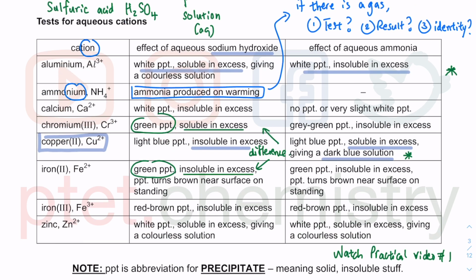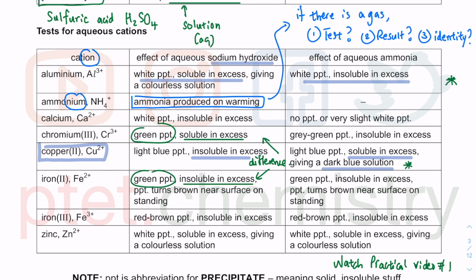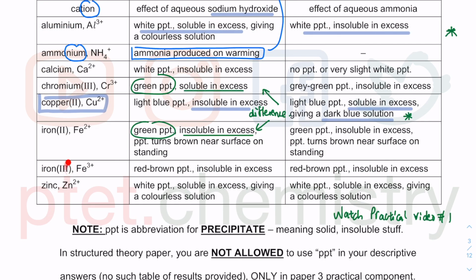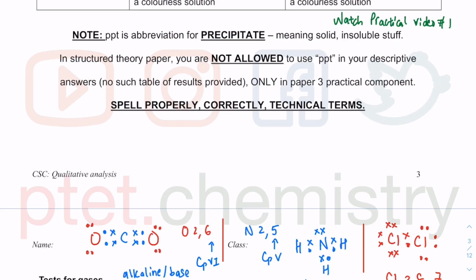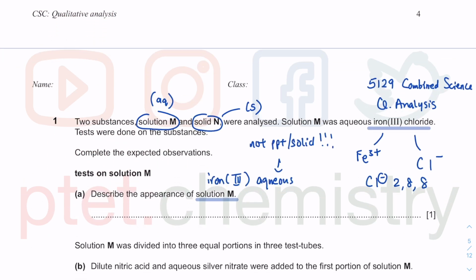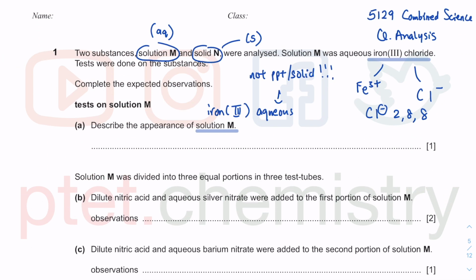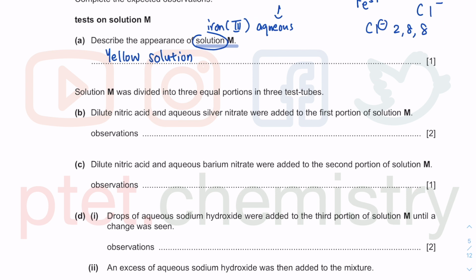However, that is after you have added sodium hydroxide, or after you've added ammonia. What is the color before you have added those two, sodium hydroxide or ammonia? This is a solution, so not a solid, okay? It's supposed to be a yellow solution. I showed it in the practical tutorial video part 1. If you saw that video, when I tested for this iron(III) cation, the solution we started from was actually yellow to begin with.